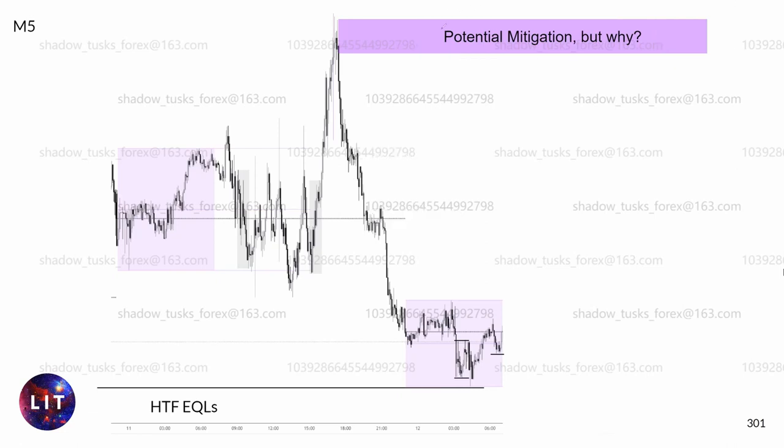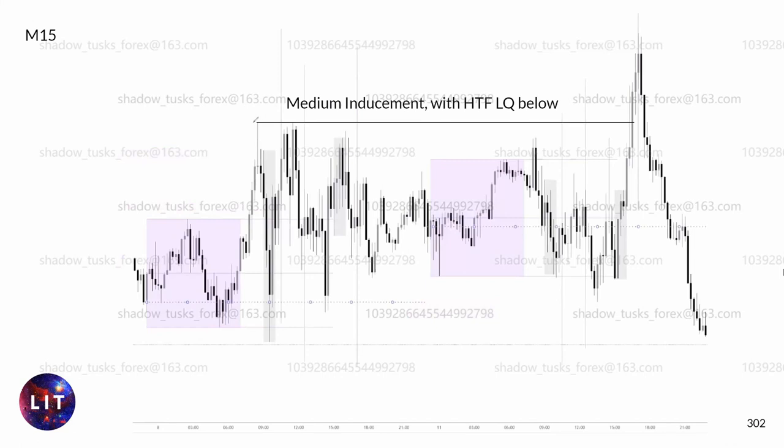So why does it make sense for this to be a potential mitigation? Because this lies on the previous day high. Absolutely, it does. So it's not something that we're going to take a limit from, but if we come into it in a certain way, we can look to trade away from it because we had a very nice build up with an inducement high.